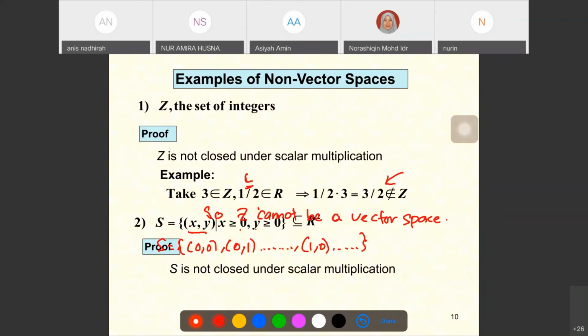In other words, S doesn't hold axiom number 6. You cannot just say like this, you need to give examples. So let's take 1, 1 in S, and I take negative 2 as the C. C can be anything, okay? C can be reals. Look back at the axiom. C is reals.